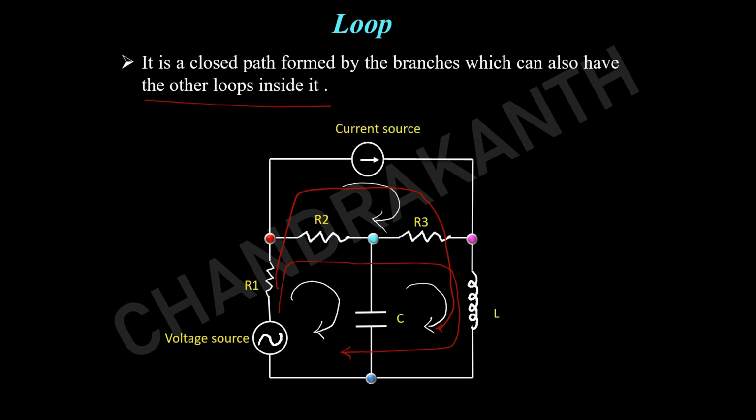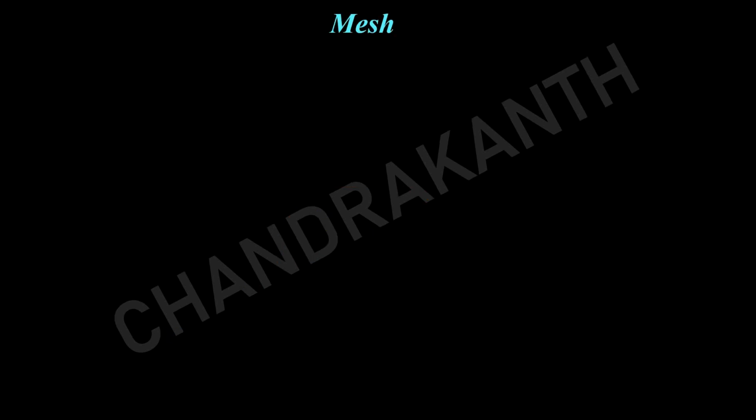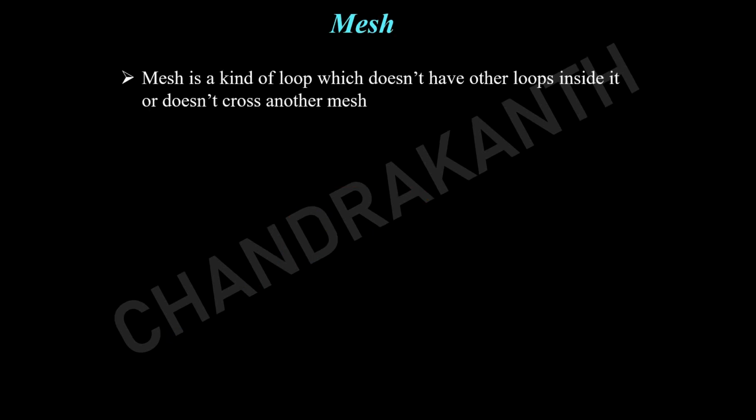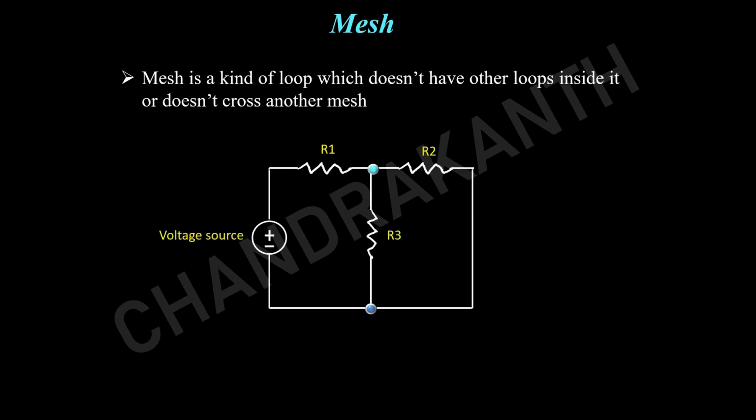Now let us see what is the meaning of a mesh. A mesh is a kind of loop which does not have other loops inside it or does not cross another mesh. It's very clear. So if I say how many meshes are there, there are only 2 meshes in this network.